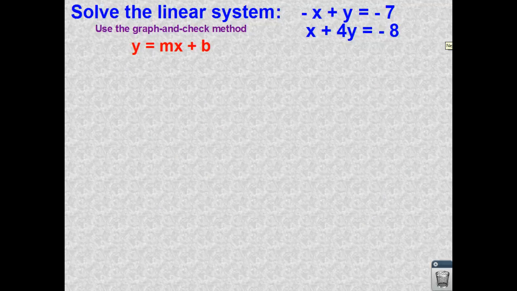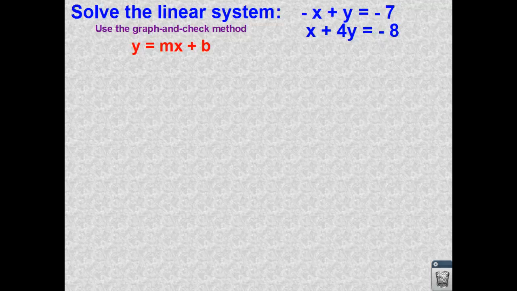All right, now we're going to have to do a little bit more additional work here. We're given two equations and two unknowns, and it wants us to solve the system. Now we're actually going to go find out where the intersection point is, if it even has one. And at the end of this video, I'm going to explain a little bit about if it even has a solution.